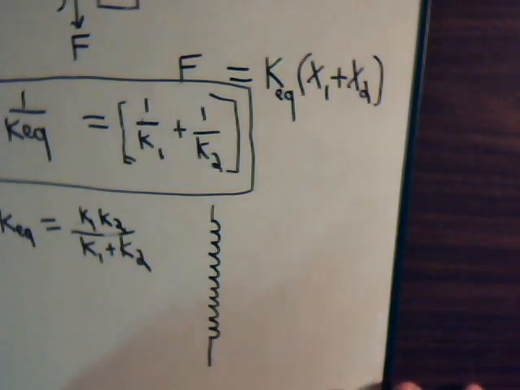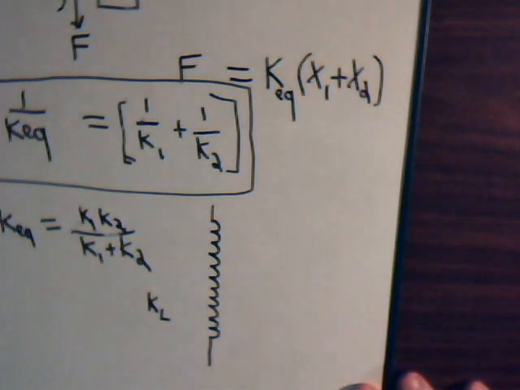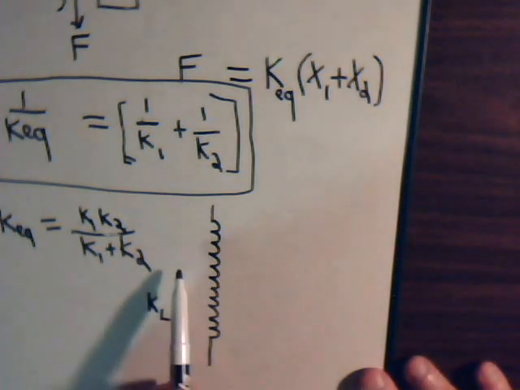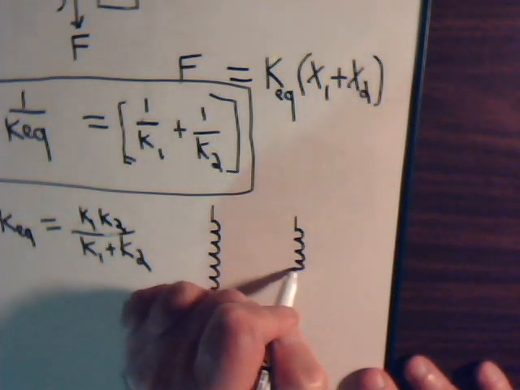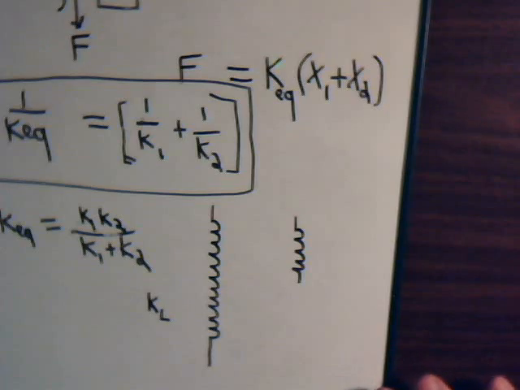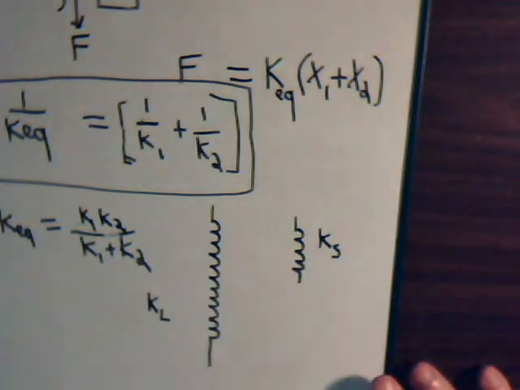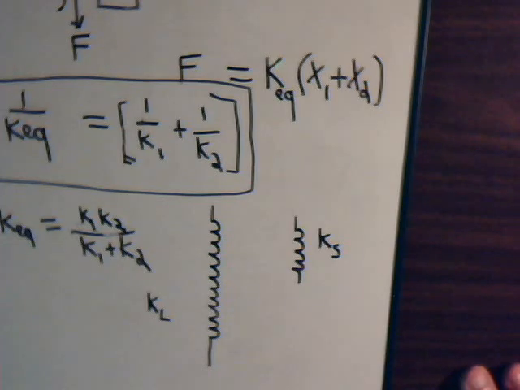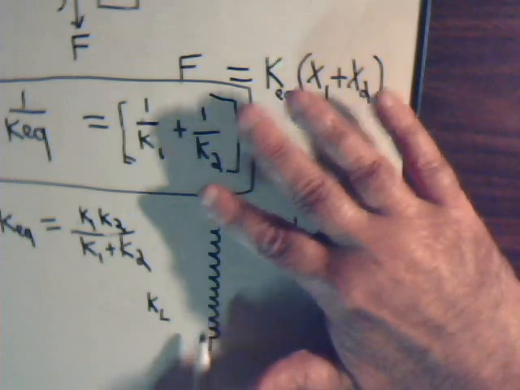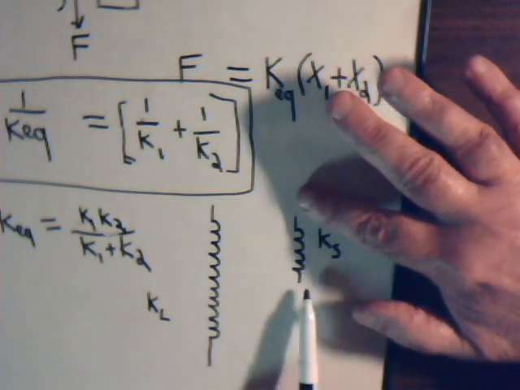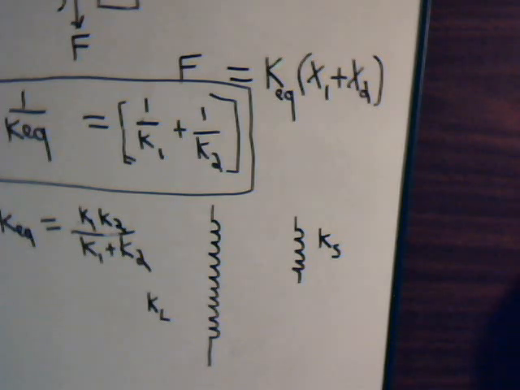And let's say it has a spring constant, call it K_L for K long. And suppose we cut it off at the top. So now we have a short spring. So here we have K short. I think it's our feeling that it would be easier to compress this long spring than it would be the short spring that we obtained from cutting this one off at the top.